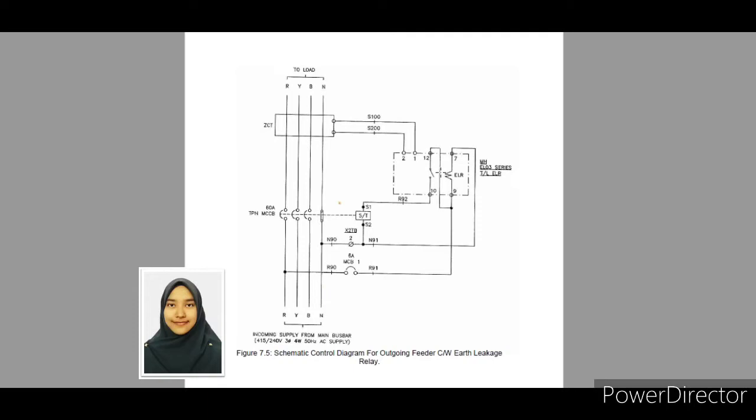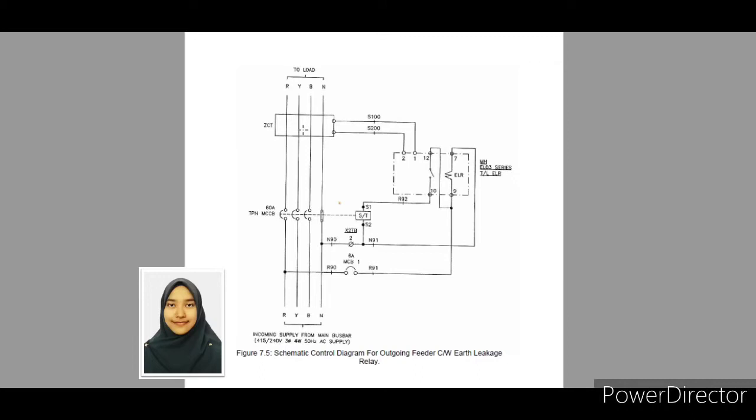The contact in this circuit is also normally open. When a fault happens, it will close the circuit and give a signal to the circuit breaker to open. The next stage of this circuit is the ZCT.